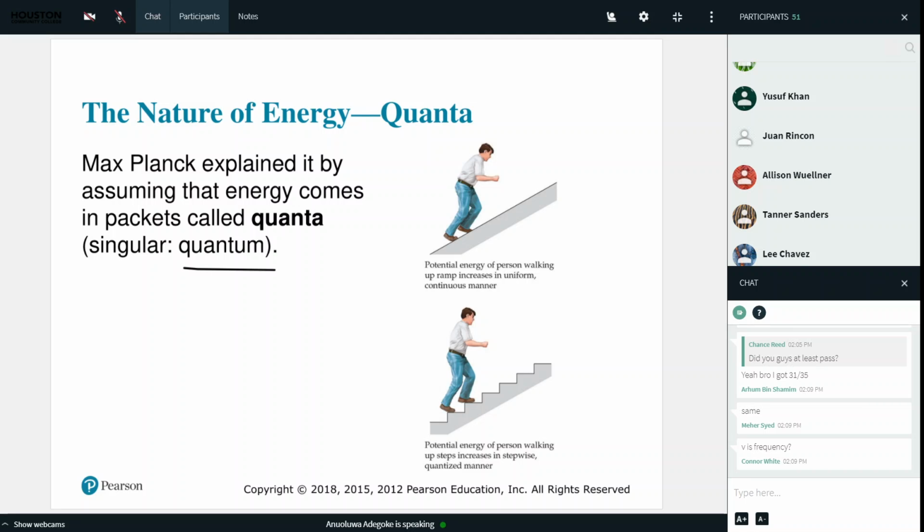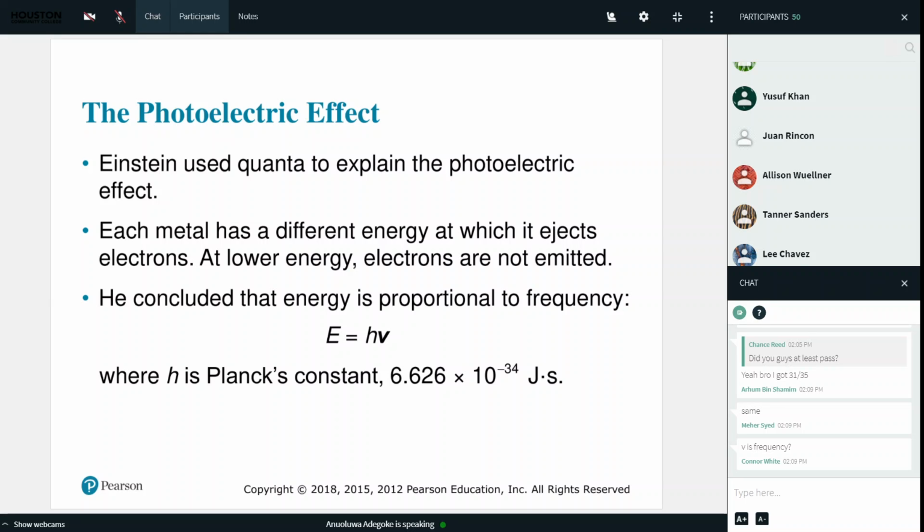Each level of energy has a discrete amount, like each step of this staircase. Let's say this is 1 electron volt, 2, 3, 4 electron volts. Each energy level has a discrete amount, and that's what quantum means, and where the term quantum mechanics came from.